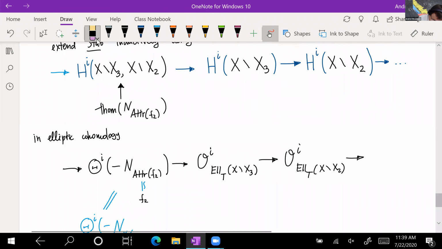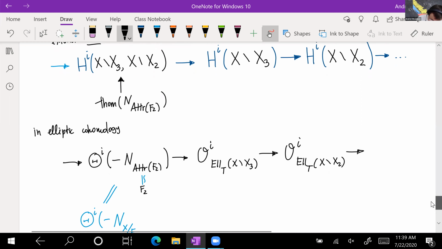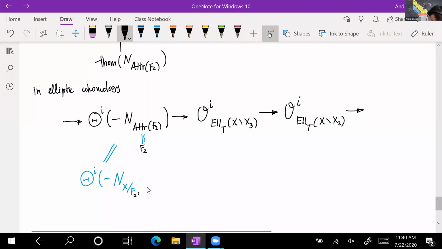Let's just write some component of F2. Sum over it, and we take the repelling part.